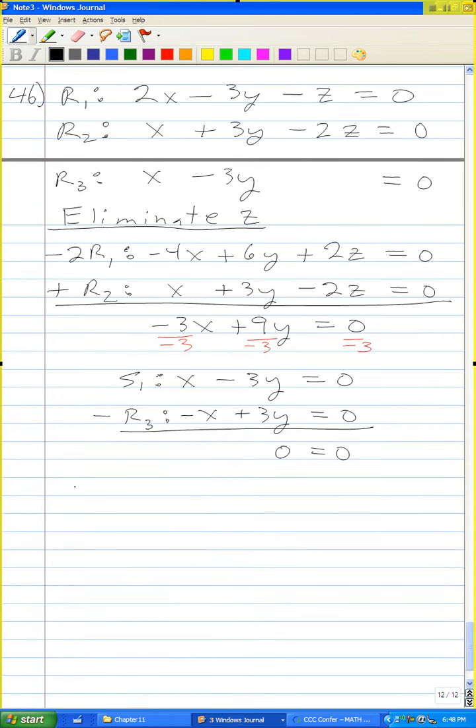When the right-hand side is not 0, they're called non-homogeneous. So I was solving non-homogeneous equations. And so I have y equals t. So that says that from S1, x minus 3y is 0. So add 3t to both sides of your equation.